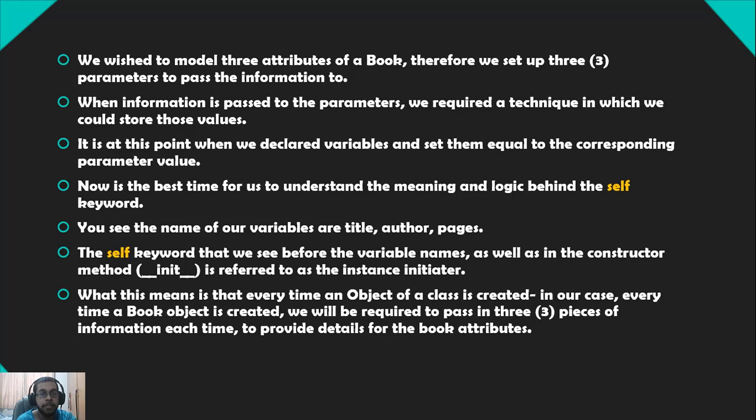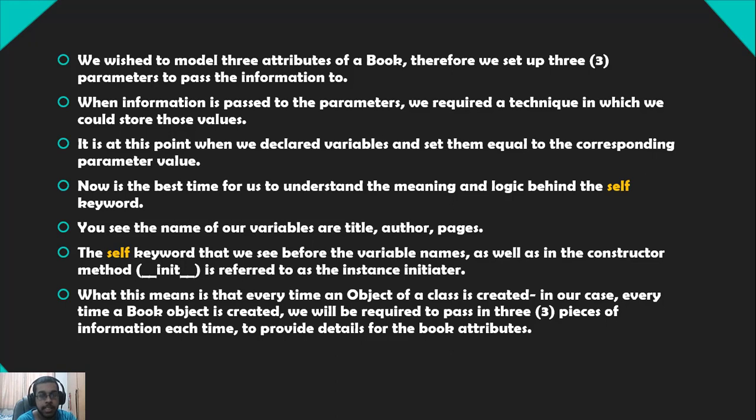Now is the best time for us to understand the meaning and logic behind the self keyword. You see, the names of our variables are title, author, pages. The self keyword that we see before the variable names, as well as in the constructor method __init__, is referred to as the instance initiator.